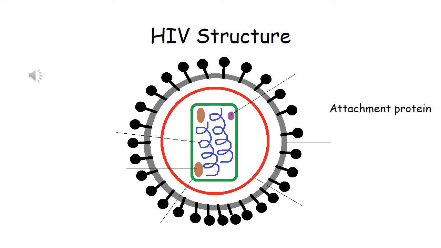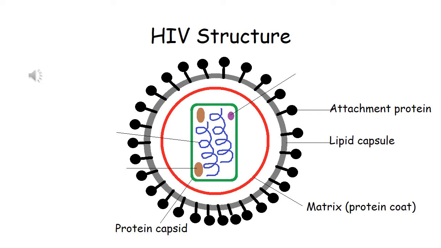The other thing to note is the presence of a lipid capsule. The lipid capsule is on the very outside of the virus, in which the attachment proteins are embedded. Next, we have the matrix and the protein capsid.